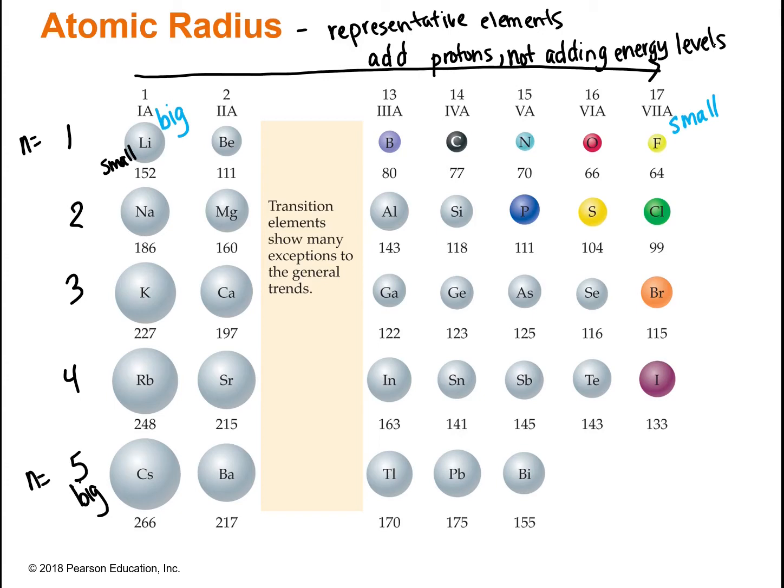So, as you go across the periodic table, you're adding protons, you're adding electrons, but you're not making the size of your atom any bigger. The number of energy levels and sublevels is already set. And the protons are able to draw those electrons in a little bit closer the more that you add in.